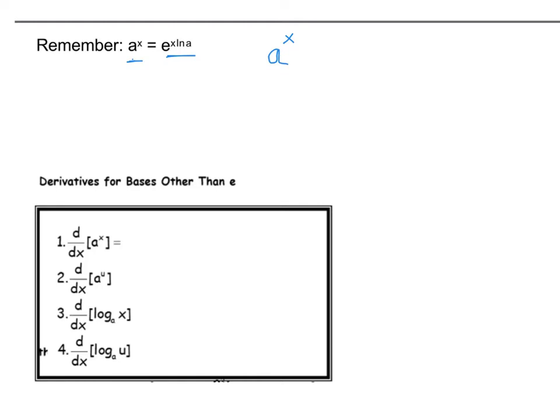If we take the natural log of any value, let's say x, and we take e to that power, we're just going to have x. So in other words, I could just write x as e to the natural log of x.